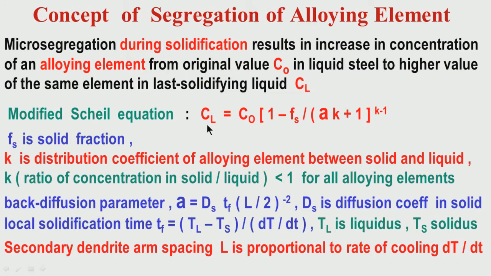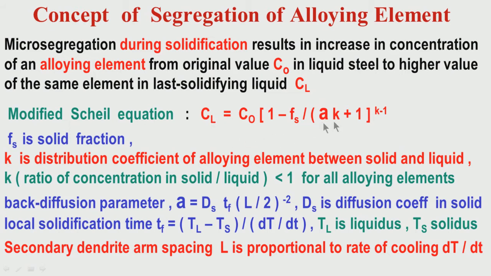Cl is the final concentration in the last solidifying liquid, and it is related to the original concentration C0 through the solid fraction. The more the solid fraction, the more will be the segregation and higher the value of Cl. There is no confusion regarding that.